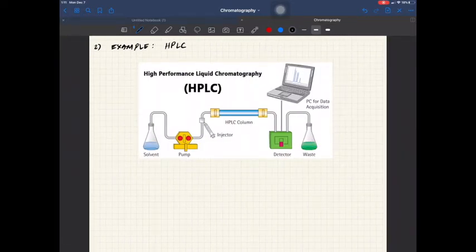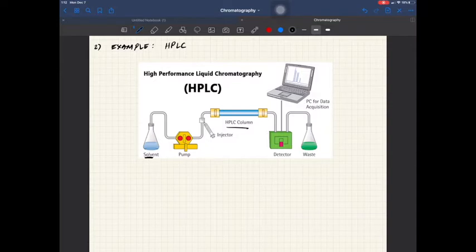Another chromatographic technique we have here is high performance liquid chromatography, or HPLC. HPLC is one of the modern analytical techniques that have been discussed previously. The following is a diagram for HPLC. We have our solvent right here and the pump, which allows the solvent to be eluted in this HPLC column.